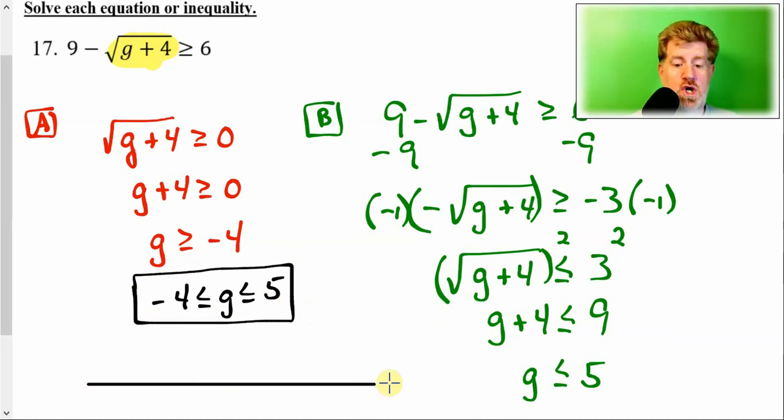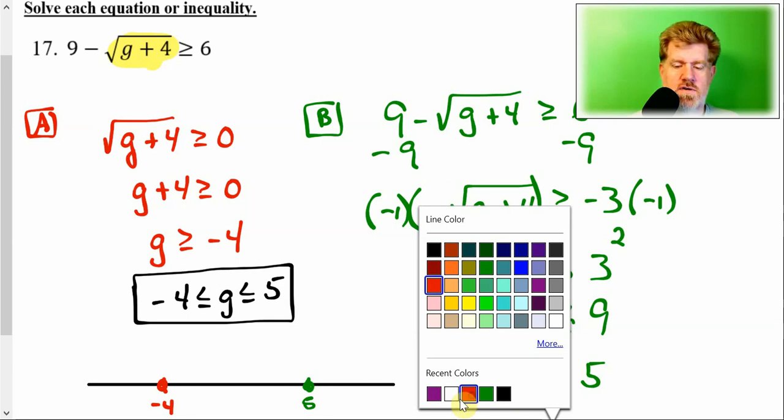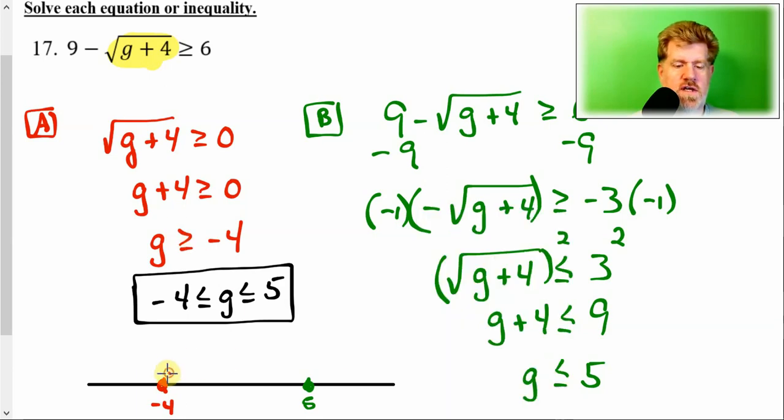All right, let's put it on the graph. So our -4 and our 5. All right, let's graph these lines. So anything g is greater than -4, so it goes this way.